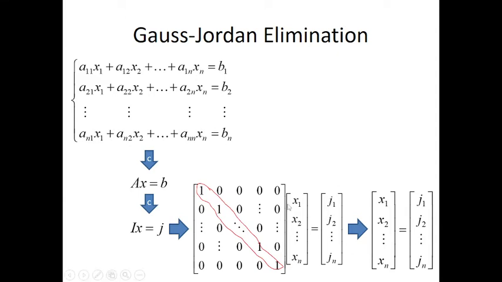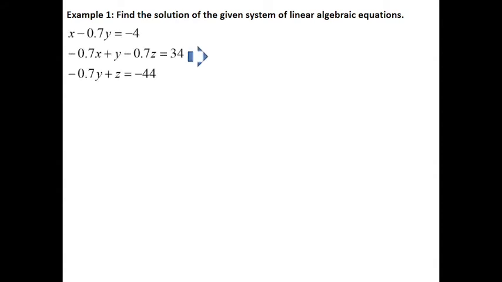Okay, let us proceed with an example to this. Okay, so here's the example. Find the solution of the given system of linear algebraic equations. So this is the equation, and we are to apply Gauss-Jordan elimination.